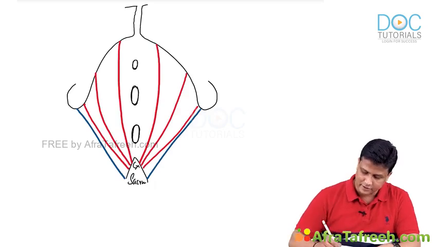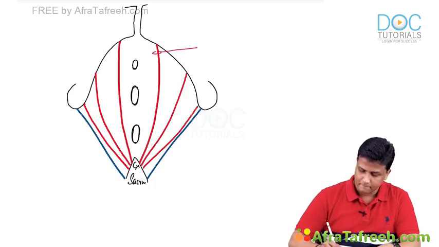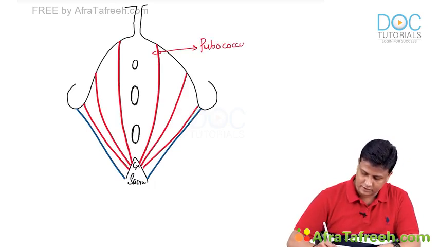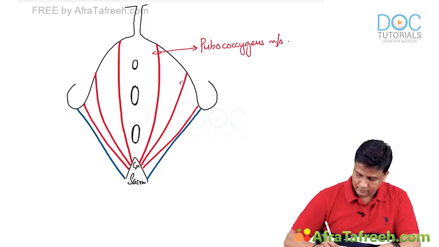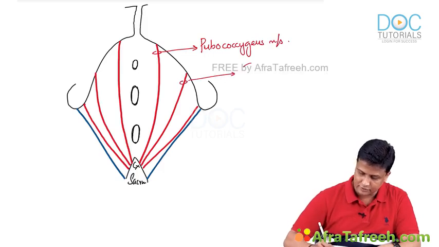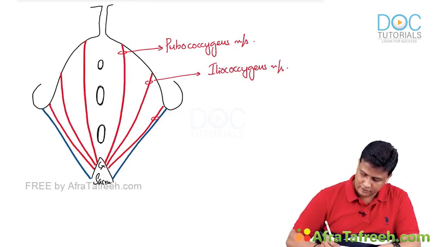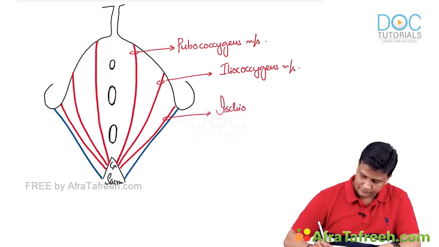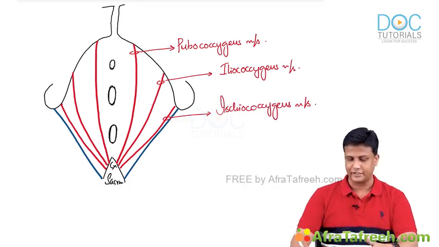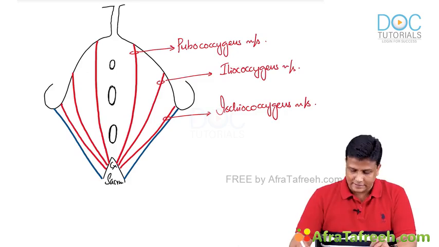Let us even write down their names, guys. From the pubis towards the coccyx will be pubococcygeus muscle. This one is from the ilium towards the coccyx, so therefore iliococcygeus muscle. And this one here will be from the ischium towards the coccyx, so therefore ischiococcygeus muscle. Perfect. So pubococcygeus, iliococcygeus and ischiococcygeus muscle, guys. All the three of them.